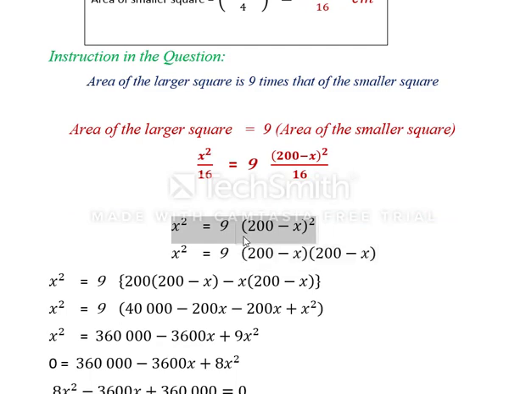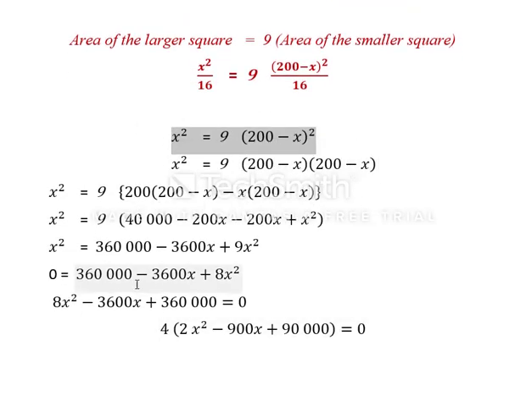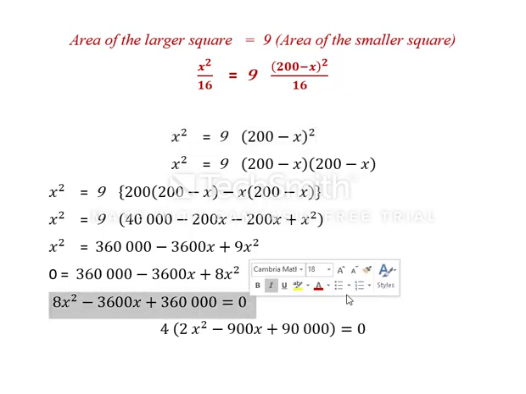Now we have opened this (200 minus x) whole square. After simplification, this whole process will convert it into the shape of a quadratic equation. In this quadratic equation, 4 is common.